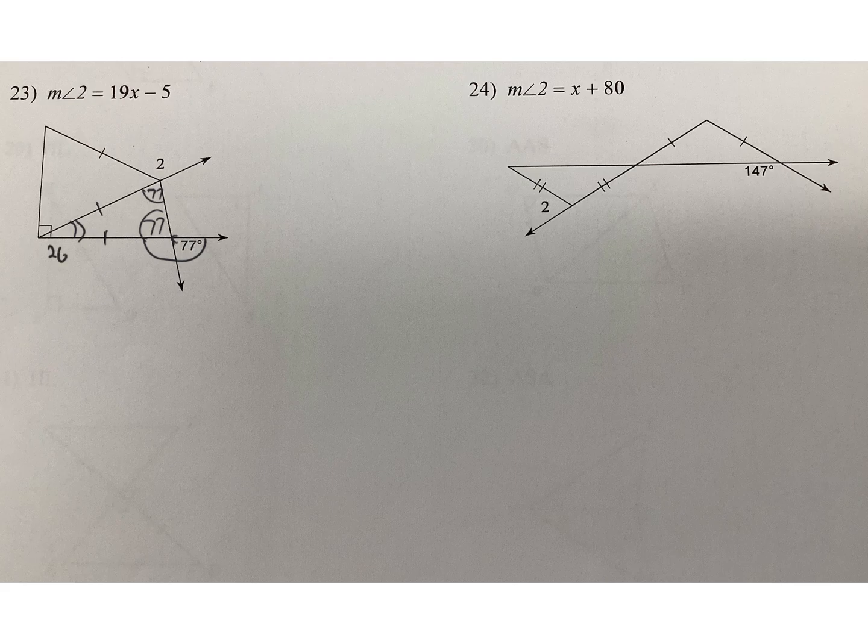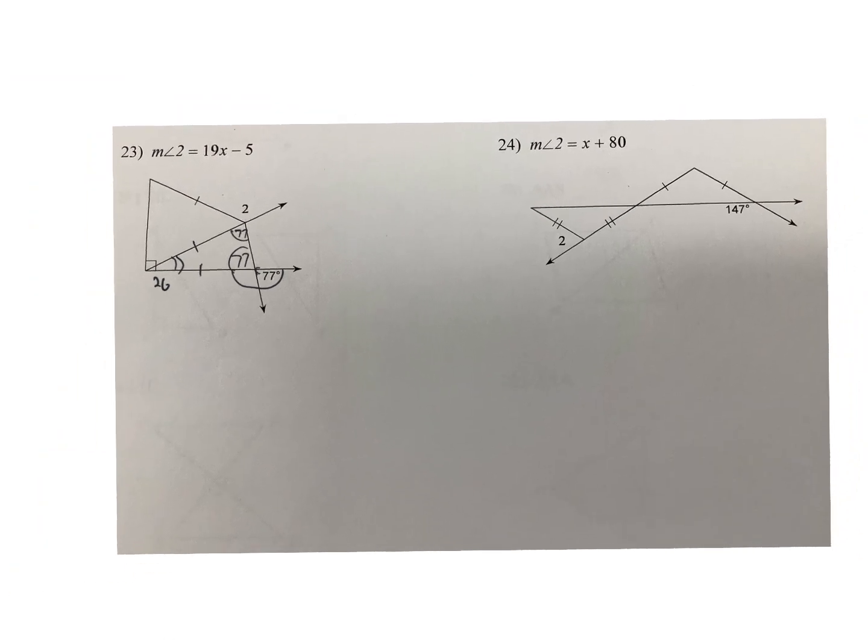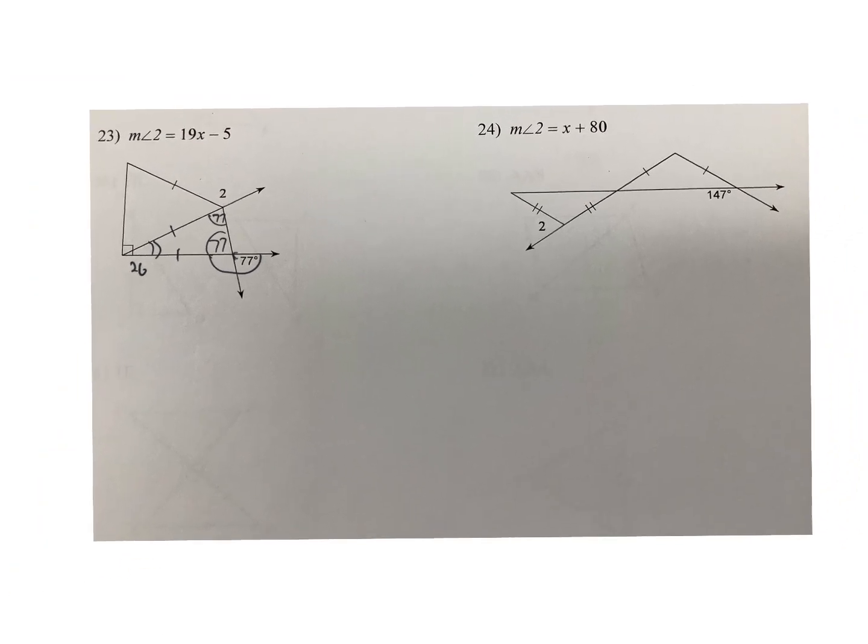And we see we have a right angle here. So 90 minus 26 gives us 64. And we also have an isosceles triangle on the top, so 64 is also equal to the top left angle. So you take 180 minus 64, and that gives us the third angle of 52.